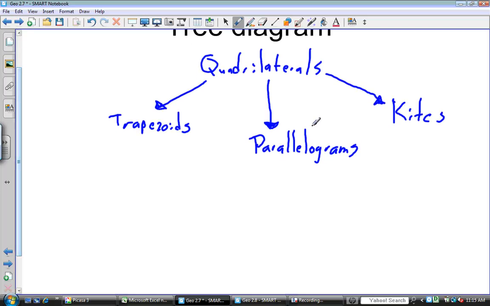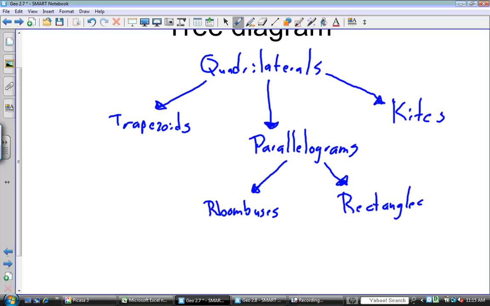You can't have a parallelogram that's a trapezoid or a trapezoid that's a parallelogram. However, parallelograms we can break down a little further. These can be broken down into rhombuses and rectangles. Now, a combination of rhombuses and rectangles will give you squares.